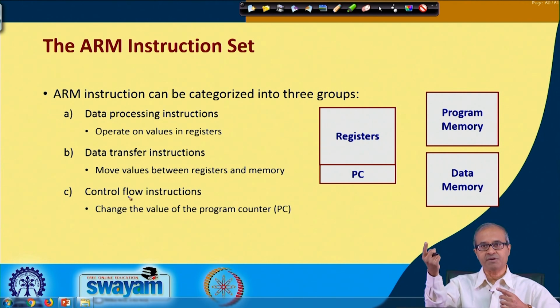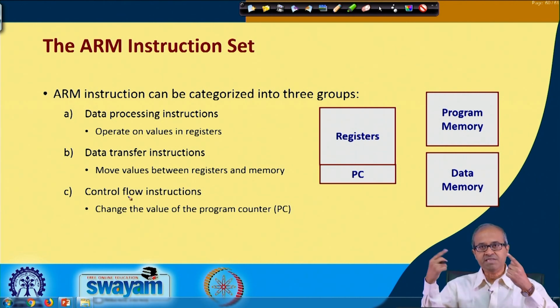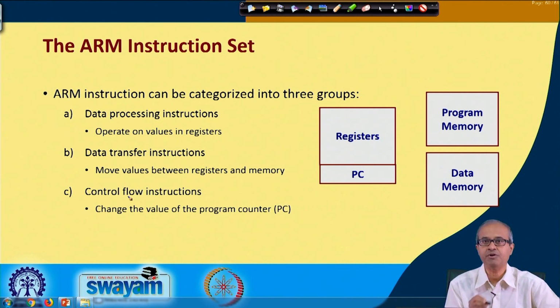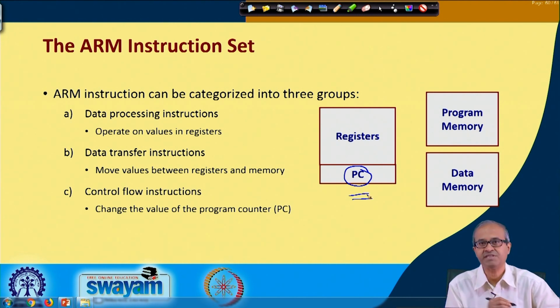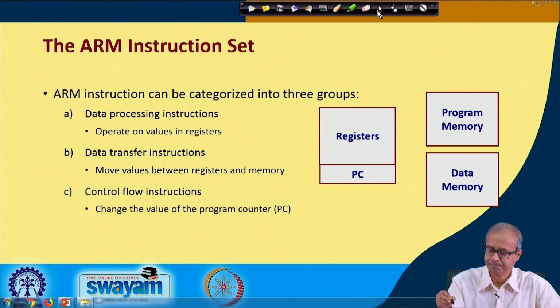You will be going to some other address, and from there you will start to fetch your instructions. This is what is meant by change of control flow, and such instructions are termed control flow instructions. So, essentially control flow instructions are those which alter the value of the program counter in some way, so that the normal sequence of instruction execution is altered. Fine.